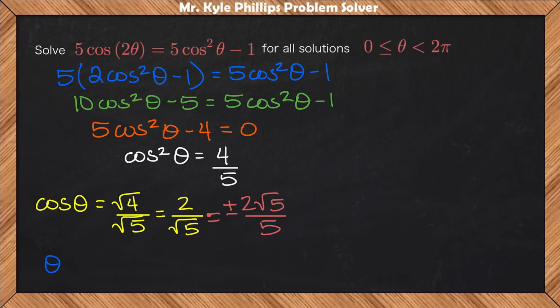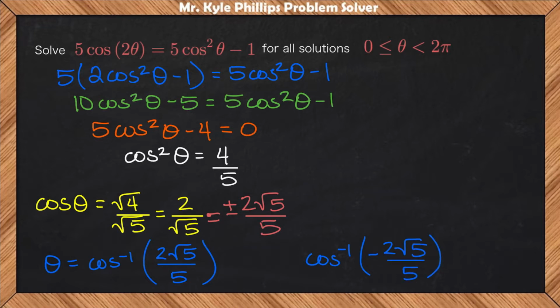So here, theta is going to be the inverse cosine of 2 root 5 over 5, and it will be the inverse cosine of negative 2 root 5 over 5.